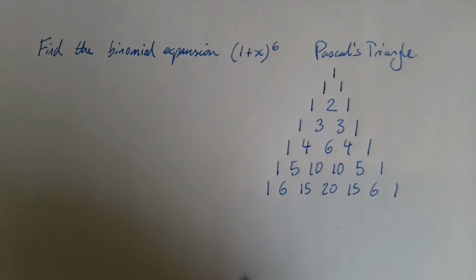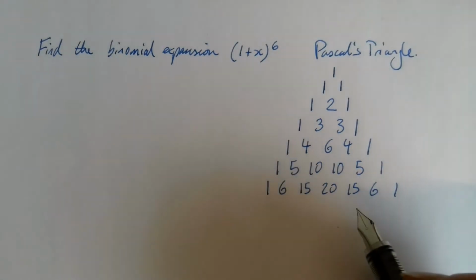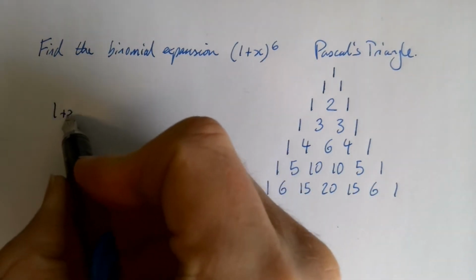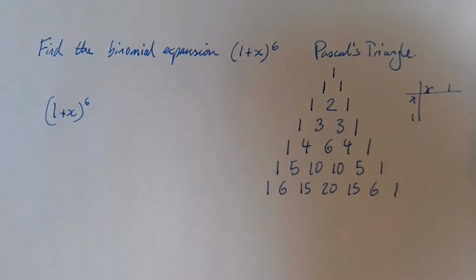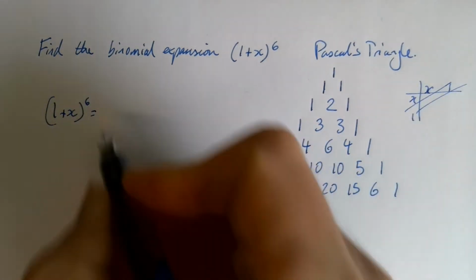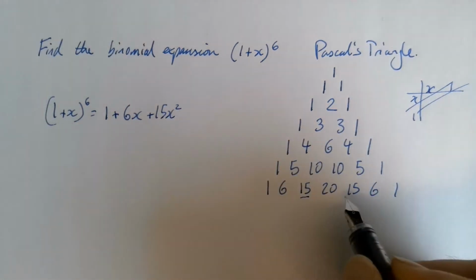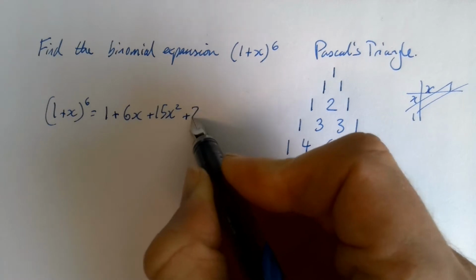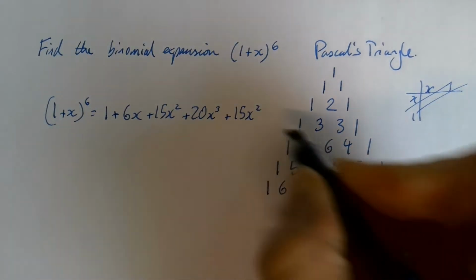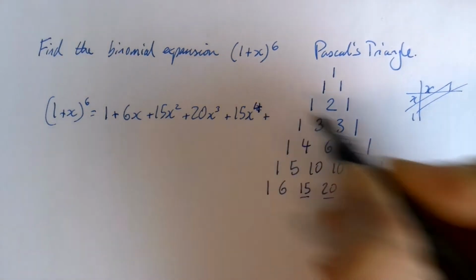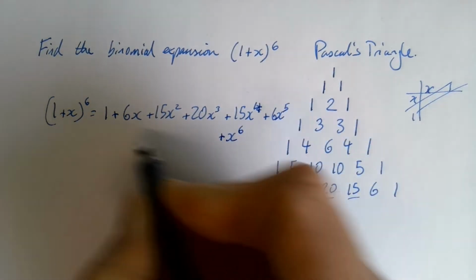Now that's really useful in this case, because it turns out, sorry about the bell there, that if we were to expand (1 + x)^6 and keep on expanding it all the way, it would come out as 1 + 6x + 15x^2 + 20x^3 + 15x^4 + 6x^5 + x^6.